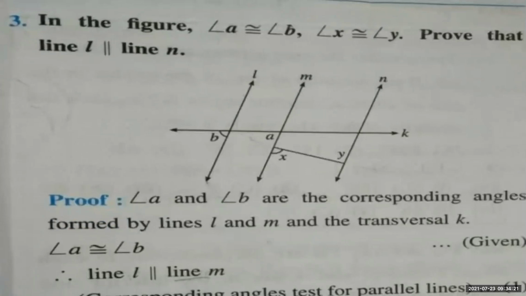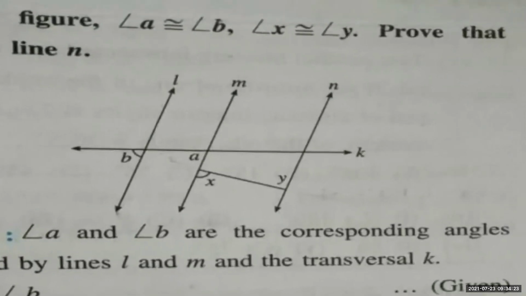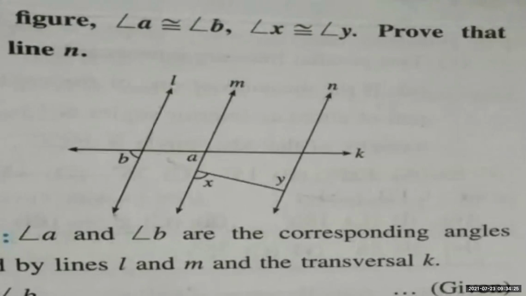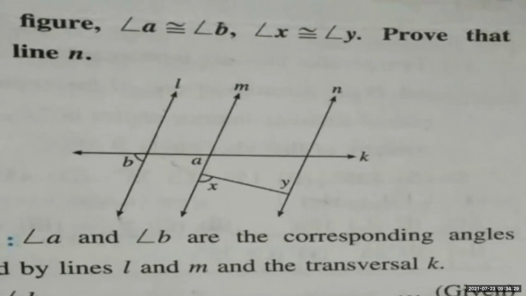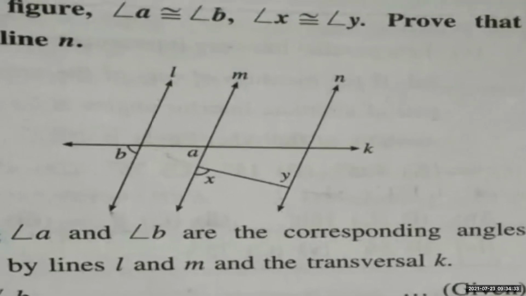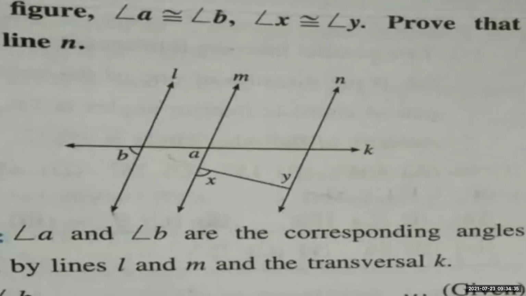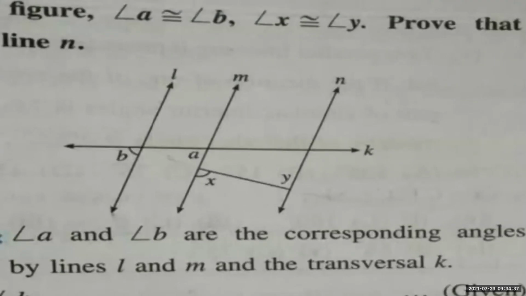That angle A congruent angle B. See in the diagram, angle A and angle B. First two lines है ना, left से लेके, if you will see, there is angle B and angle A, and both those angles are given congruent.